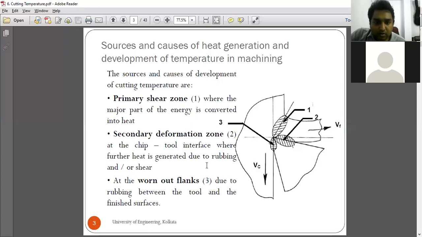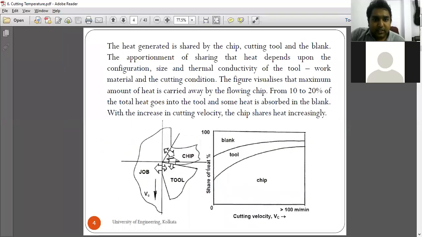So now, the next thing is, as I told you, the maximum amount of heat is carried away by the chip. So the heat generated is shared by the chip, the cutting tool and the flank. This is not blank, this should be flank.